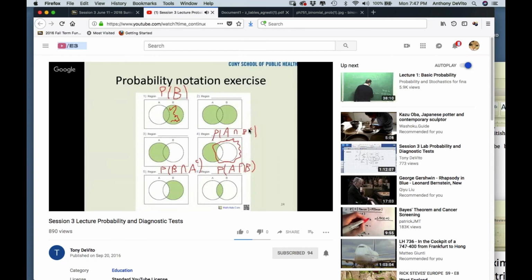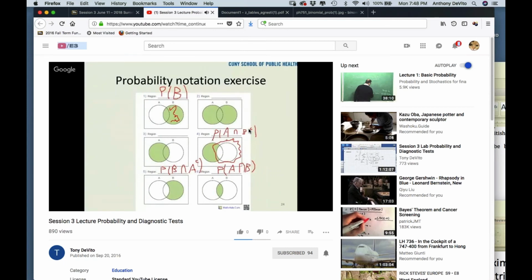Some B is not just the probability of B, because it's only B, but not all B's. See, it's the probability of B intersection not A. This is number 6, A intersection B, and number 2 is A union B. So 2 is having either cancer or diabetes, and 6 is being very unlucky and having both.